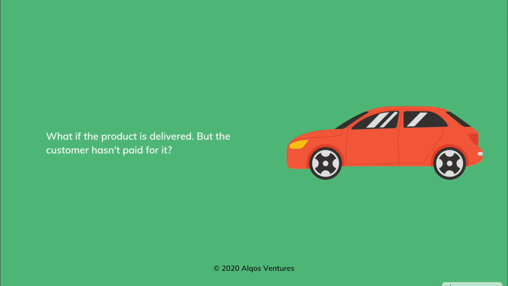Do I record that in my books as revenue received? Well, yes, you do. But the only catch is under the customer section, you will say customer is still yet to pay you money. And in accounting terms, we call that accounts receivable, wherein you've already finished giving them the product or service, but the payment is still due.